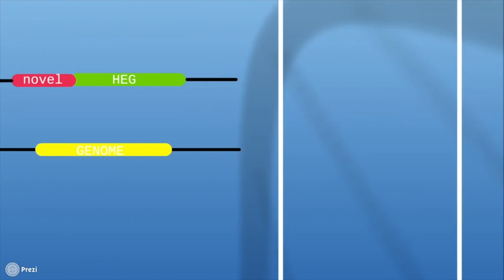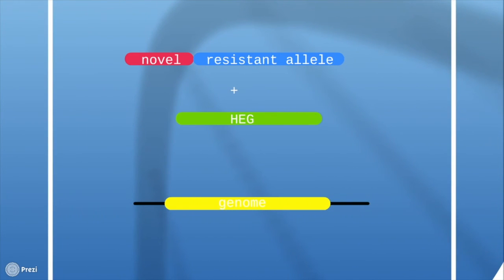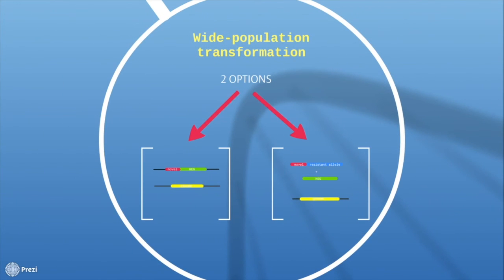Another option is having the engineered HEG target an essential gene, and on the other hand, our novel gene joined to a resistant allele, for example, using an inversion. This could allow the binding of multiple genes as well. However, we have to take into account that if the novel gene is harmful for the population, the construct will not be evolutionarily stable and would disappear along the generations.